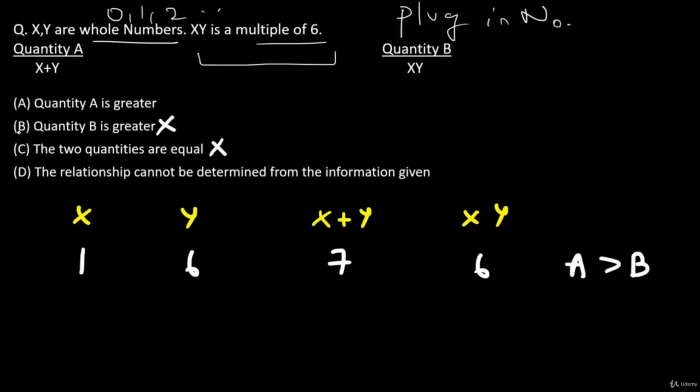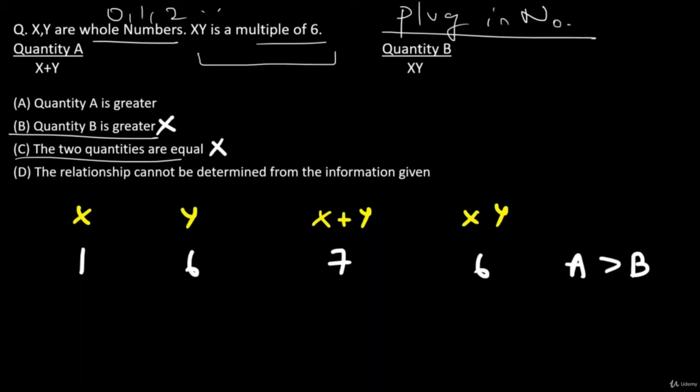Now directly option B and option C are ruled out. We are left with two more options, that is option A and option D. Now intentionally try to create a scenario where A is less than B. So that's our aim when we plug in numbers, right? We want to see whether we can create contradictory scenarios. All right.